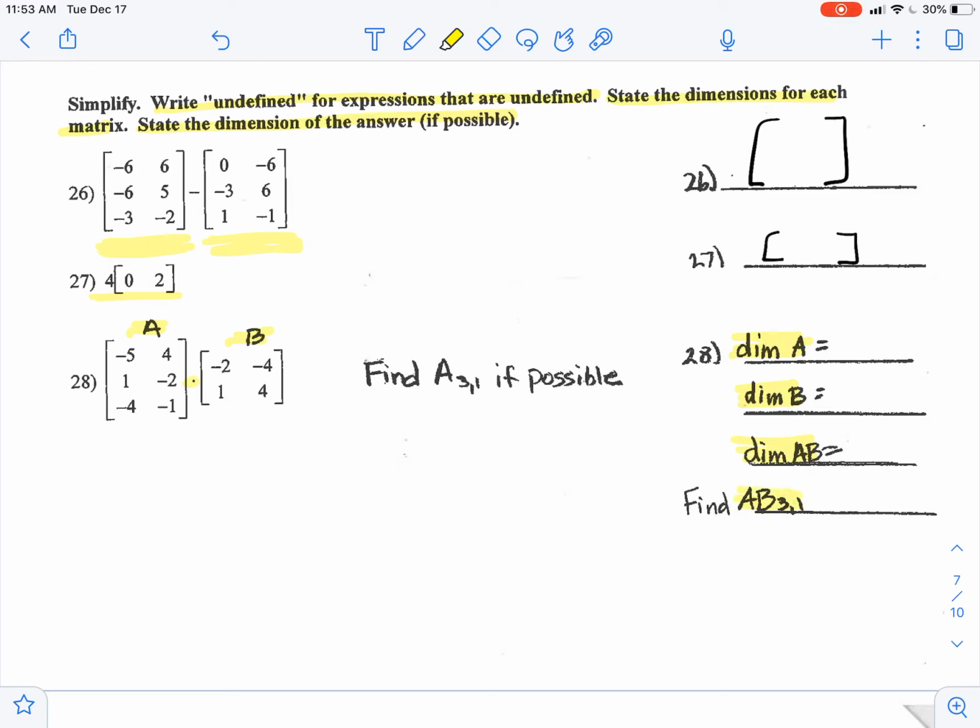I only want you to do the entry in row 3, column 1. So I would come over here to your problem, find 3, 1, and just show me the work. Okay? So right here, show me the work. How would you set it up and then do it? Pause and do that.